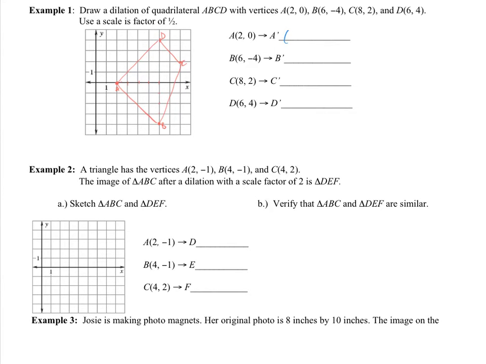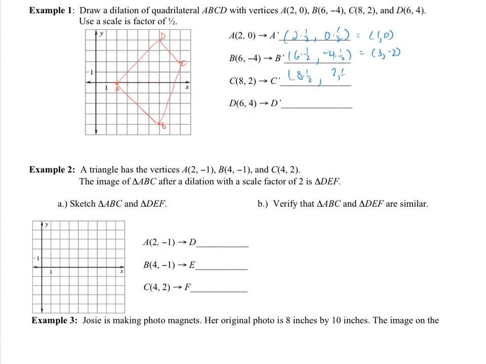So I would do 2 times half, 0 times half, and this would give me 1, 0. Same thing, 6 times half, negative 4 times half, 3, negative 2, 8 times half.